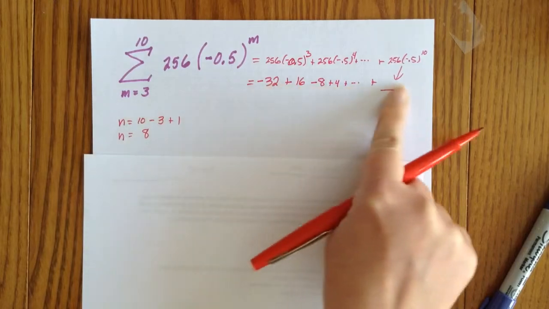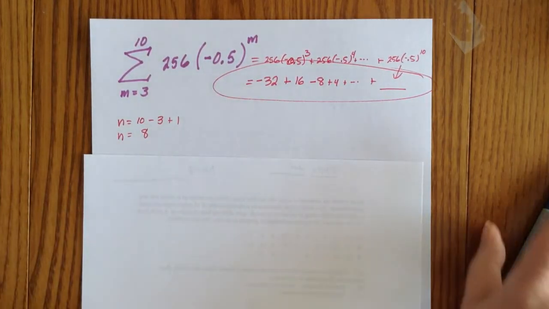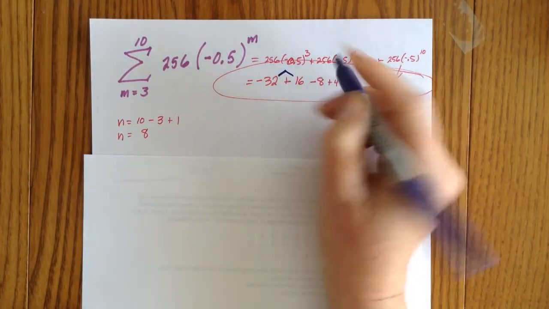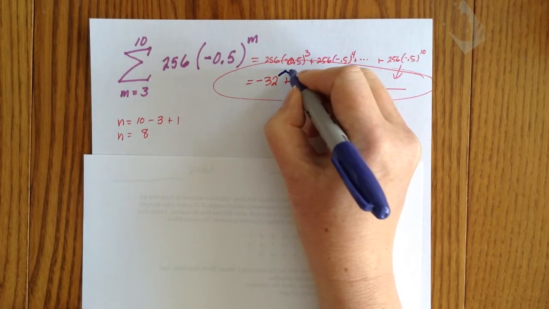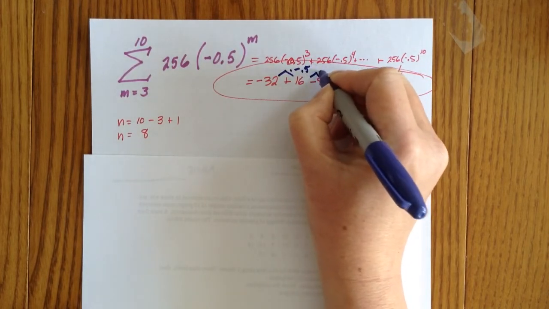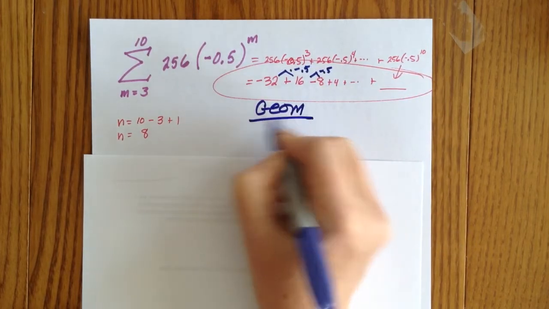Now, look at this sequence. If you look at it, you're probably going to know that to get from here to here, we are multiplying by a negative 0.5 each time. It is geometric.